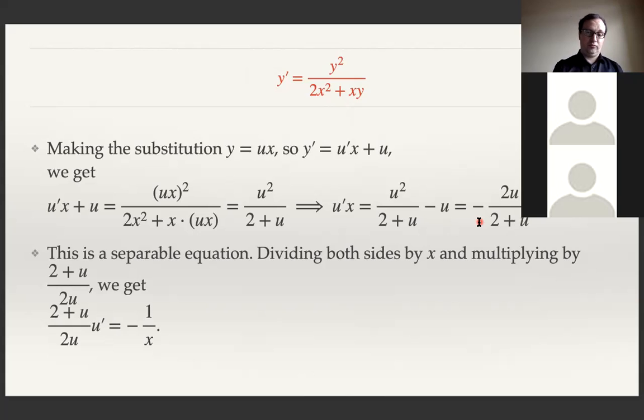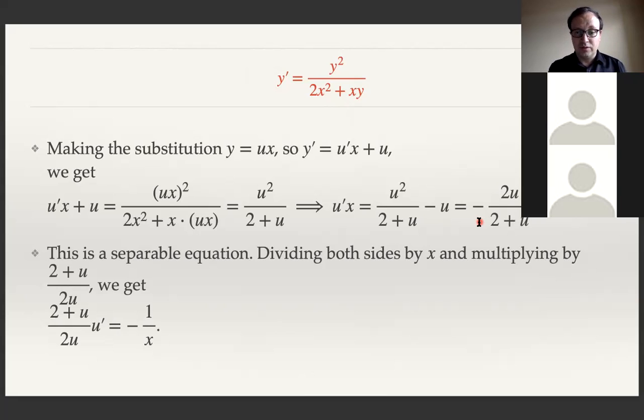So here I chose to write it as u prime is equal to minus 1 over x times 2u over 2 plus u. So clearly this is a separable equation. Now let's separate it.